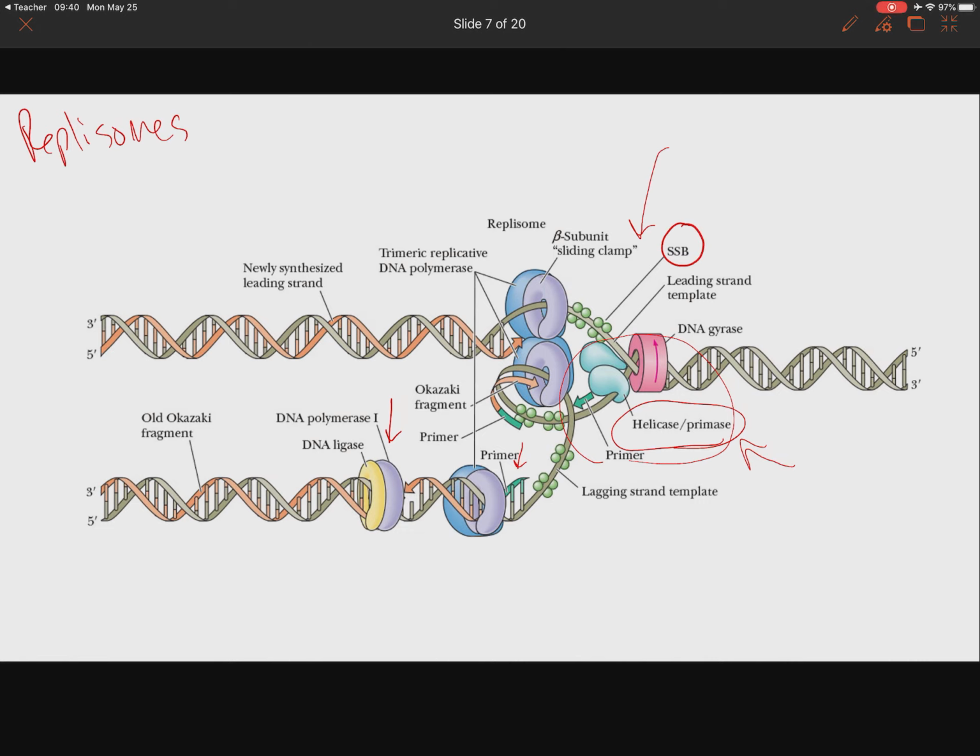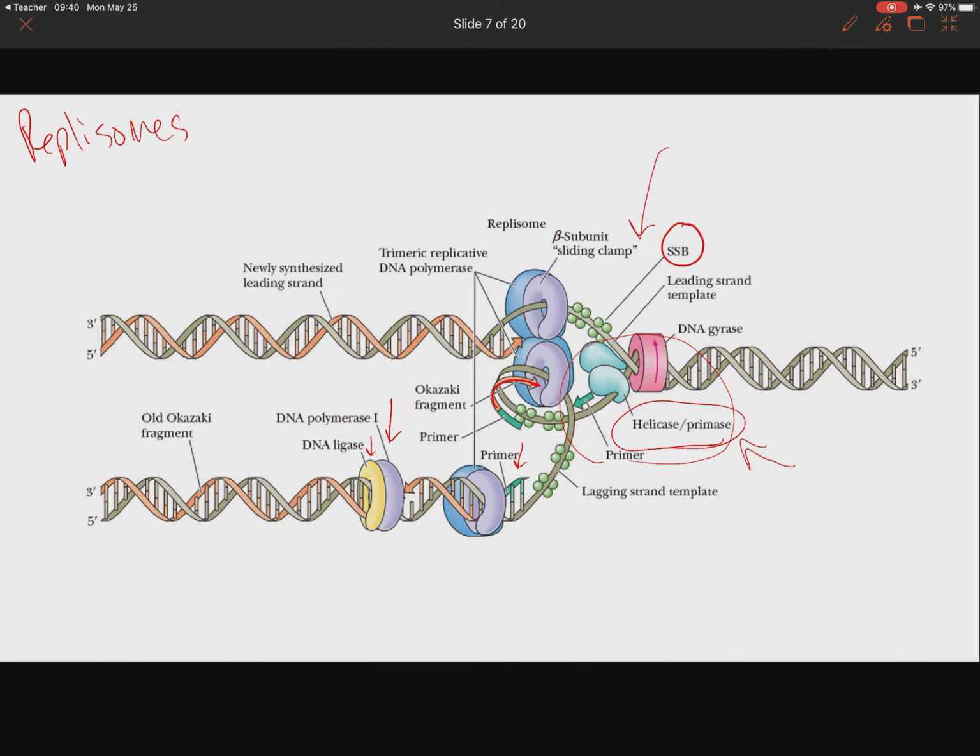And then DNA ligase, so ligase here shown in yellow, this is responsible for actually linking together all of the different groups, because what DNA polymerase can do is it can come in here and it can actually add... what I'm trying to say here is that this image isn't great.